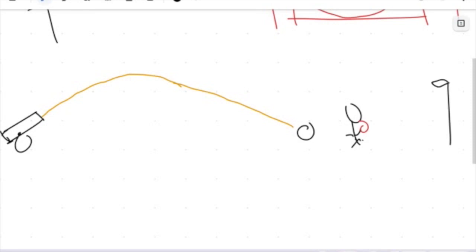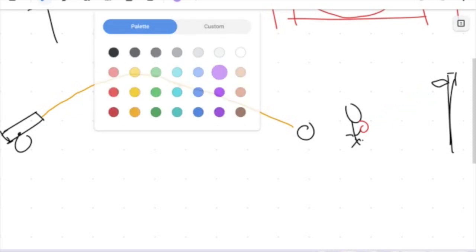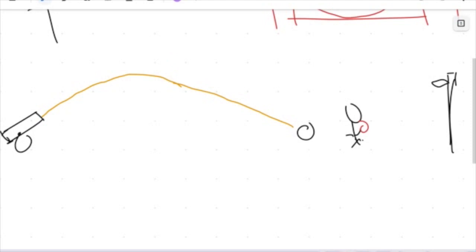This is a very bad drawing, but you're not going to want to throw the ball very flat. You want a type of arch to your shot. So when you shoot it, you want it to go above the rim and then drop down.